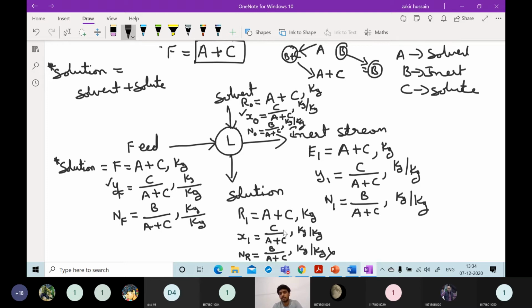Otherwise, every time you will take B also into consideration for the fractions or ratios. So just understand that F is only A plus C, we are taking solution. Solution part only we are concentrating on, because the solution is our major product in the leaching operation. So if you understand this notation scheme, it is okay.